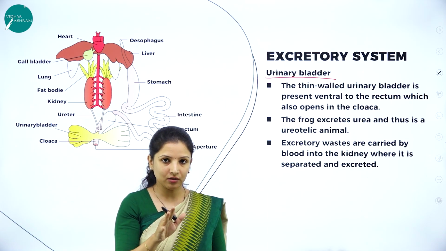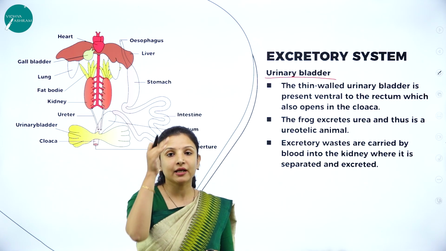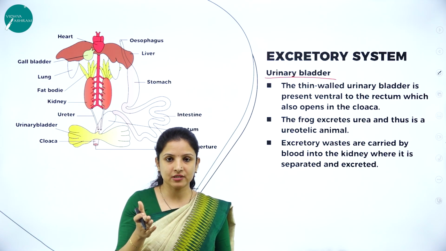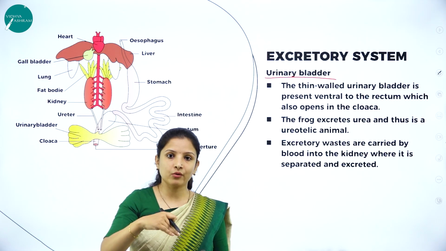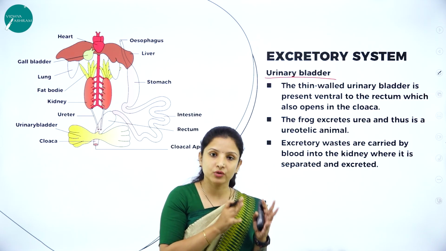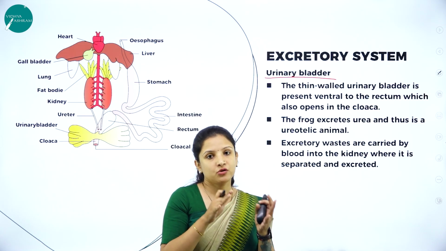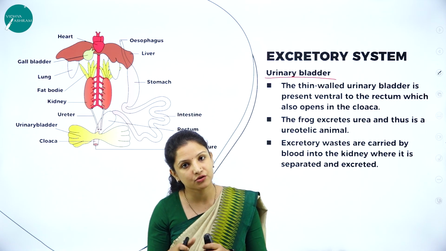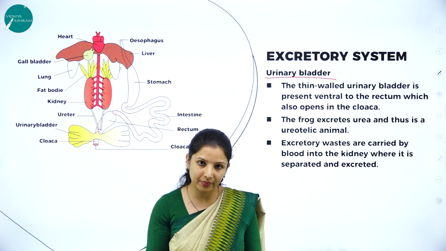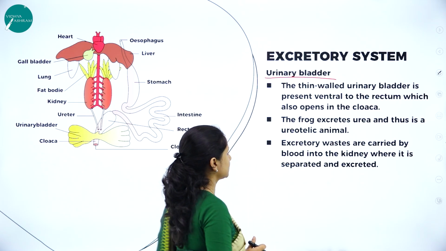The concentrated urine passes through the ureter, the tube-like structure, and enters the cloaca. From the cloaca, it gets stored in the urinary bladder. From the urinary bladder, whenever it gets full, it moves into the cloacal aperture and then comes out. So that is how it works.